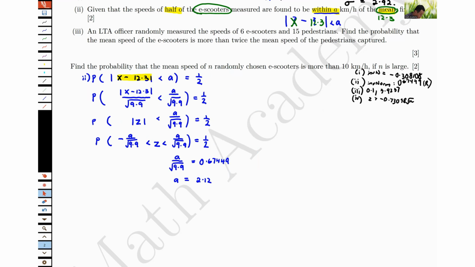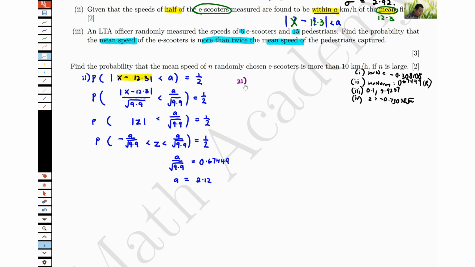Okay, then part 3. They now give me the speeds for 6 e-scooters and 15 pedestrians. Can we find the probability that the mean speed, meaning the average speed of the e-scooters, is more than twice the mean speed of the pedestrians? We start by thinking through how the equation can be formed.